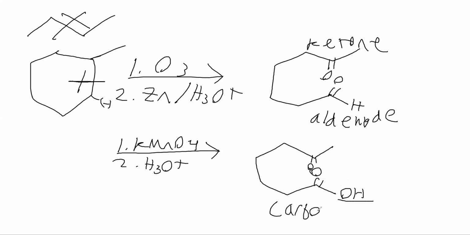And that leads to a carboxylic acid. So KMnO4 is a strong oxidizing agent, and it leads to this alcohol forming in a carboxylic acid where an aldehyde would form with ozone. So that is something that you should remember. Ozone leads to aldehydes, but KMnO4 leads to carboxylic acids if there is an end to a chain where there's a hydrogen.